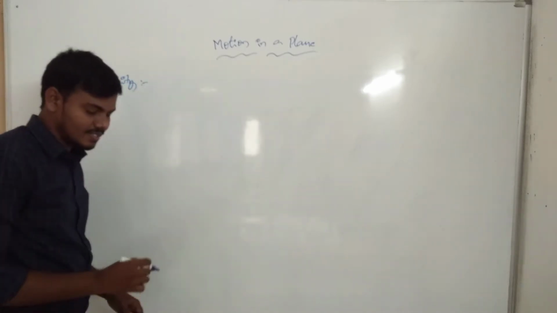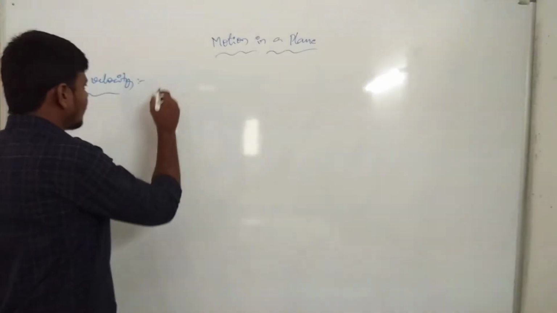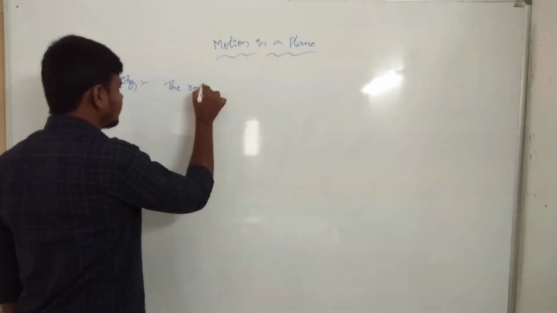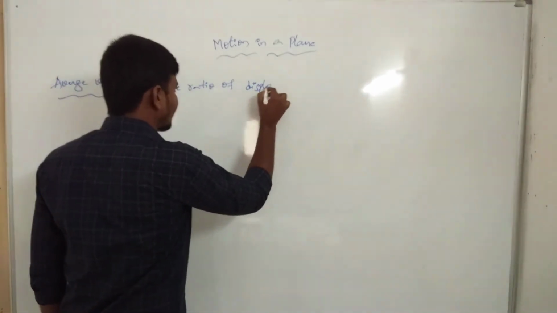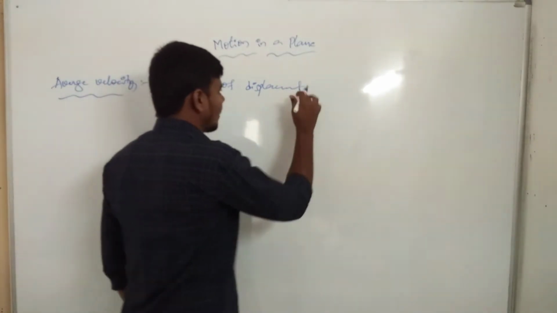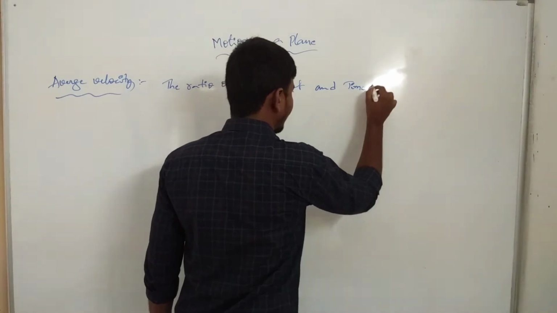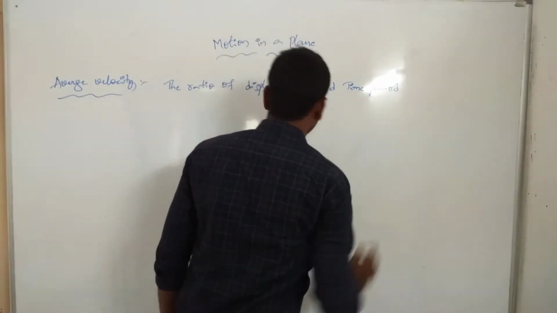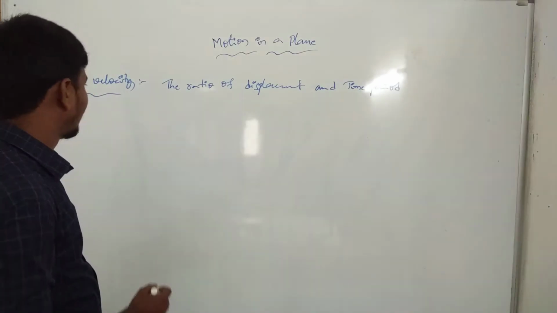Average velocity means the ratio of displacement and time period. The ratio of displacement and time period is known as average velocity.